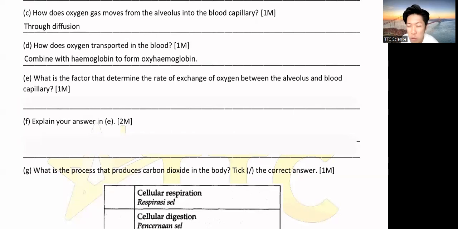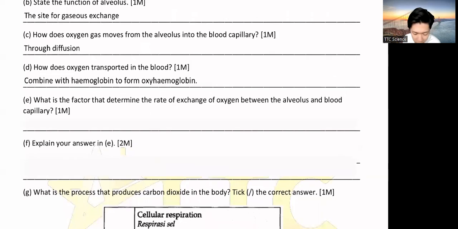They don't have to be full. For example, I just write through diffusion or just the word diffusion. If you want to write a full sentence, okay, it doesn't matter, because again, the marks don't come from whether you write a full sentence or not.